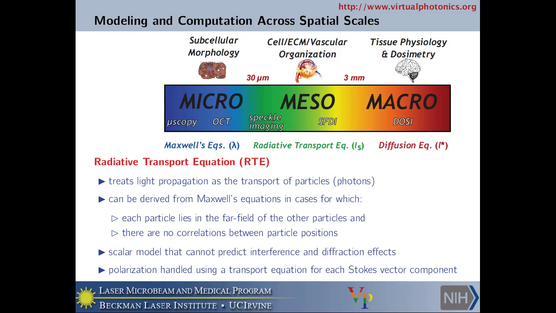So the first assumption means that the number density of particles is sparse enough such that the characteristic distance between particles is sufficiently large such that each particle lies in the electromagnetic far field of the other particles. So that essentially you have the far field approximation of the scattered wave incident on any other particle.